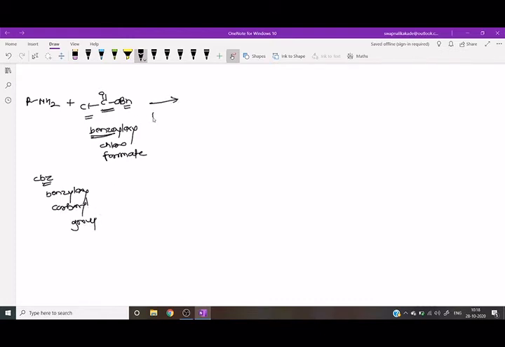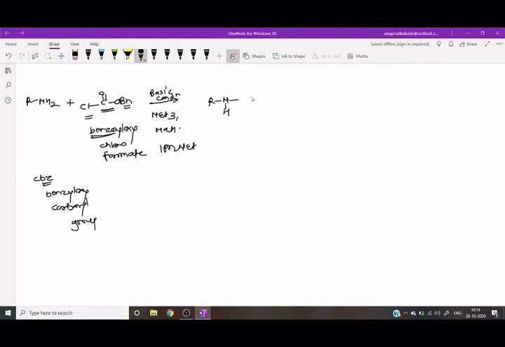The condition for protection is basic condition: K2CO3, NaH, diisopropyl ethylamine. Only in case of amide there is an acid condition. In other methods, basic condition is used for the protection.